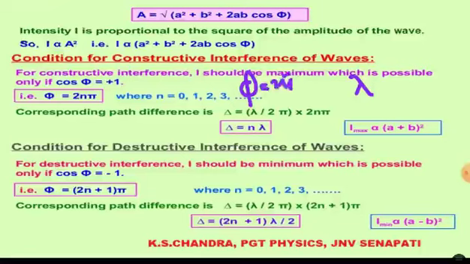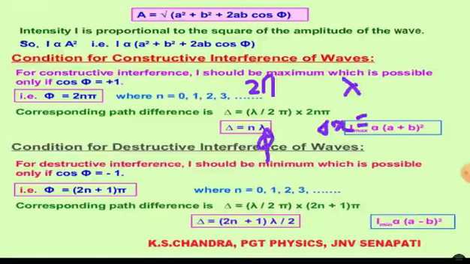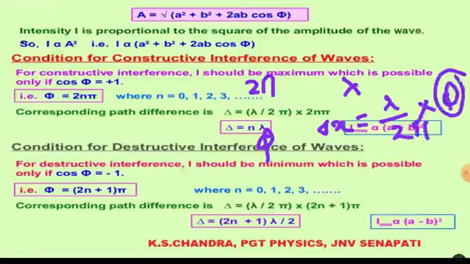So for a phase difference of phi, which we don't know yet, path difference, which is denoted by delta x, will be equal to lambda by twice pi into phi. So we need to put this phi and express it.